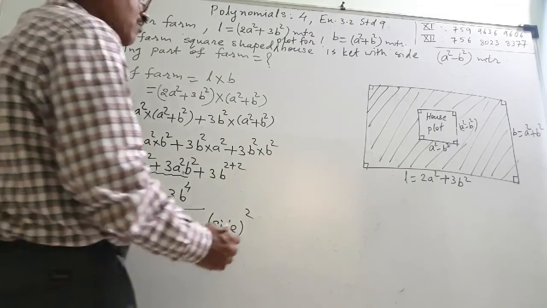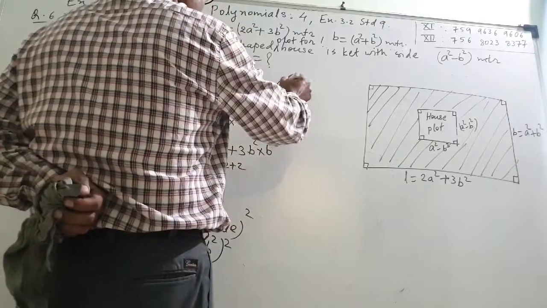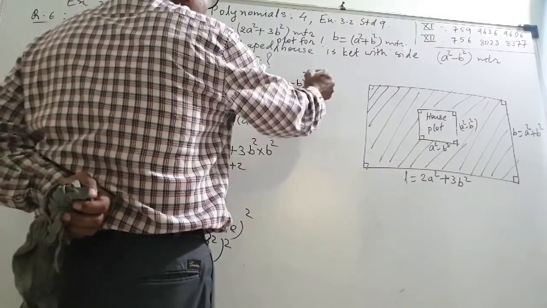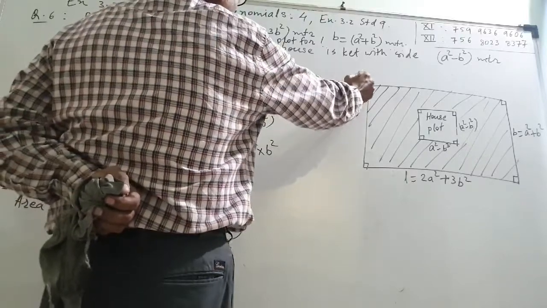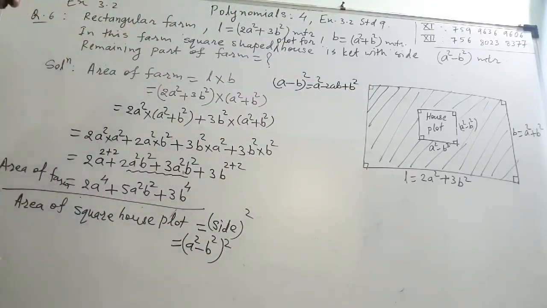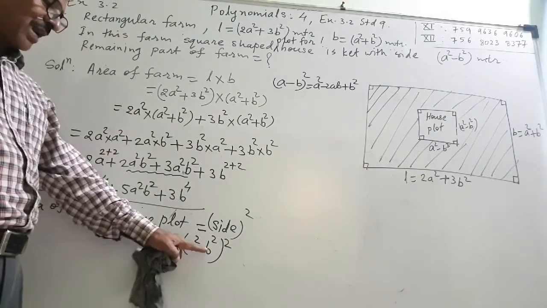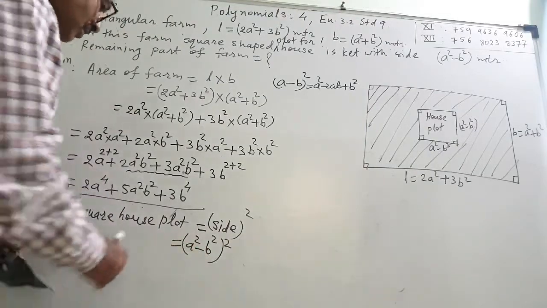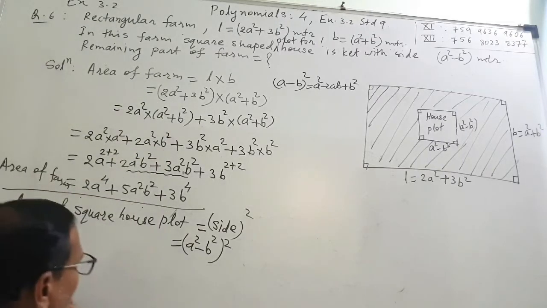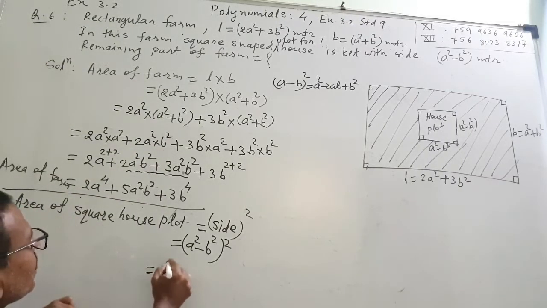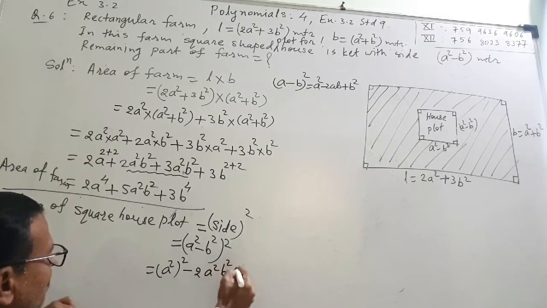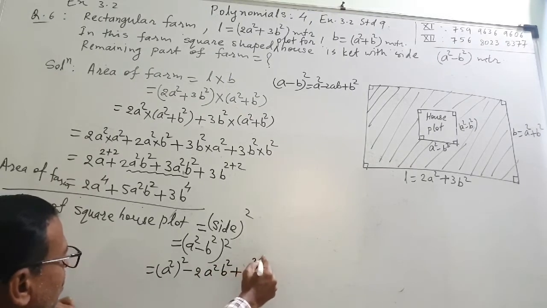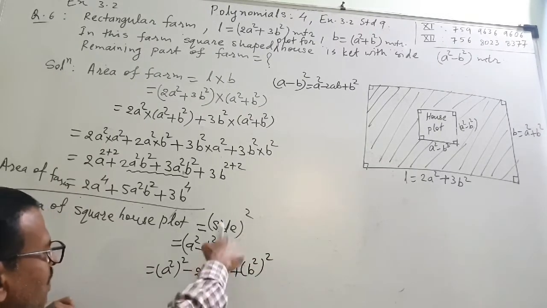So here I want to use the formula a minus b bracket square is equal to a square minus 2ab plus b square. But here at the place of a it is a square and at the place of b it is b square. So that is equal to a square, square, minus 2ab, meaning a square b square, plus b square, square, because it is a bracket square.